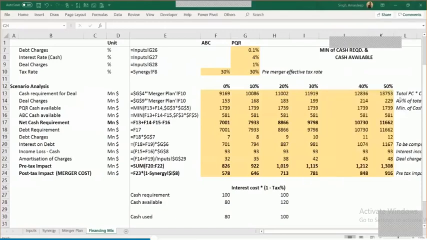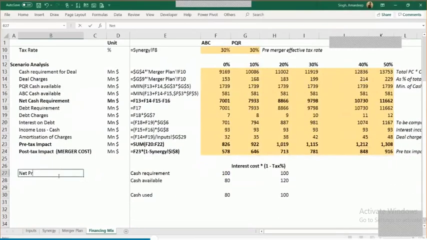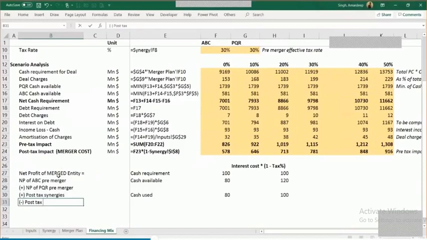So if I put it in simple terms now, what are we going to do as the last step? We will take the net profit of the combined entity, of the merged entity, which is going to be simply net profit of ABC pre-merger, which is what I discussed before as well, plus net profit of PQR pre-merger, plus post-tax synergies, minus post-tax merger cost.